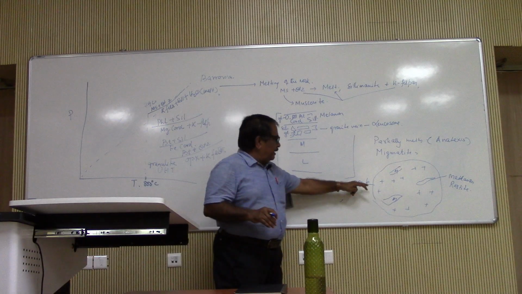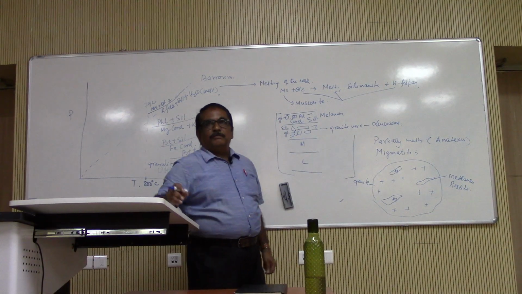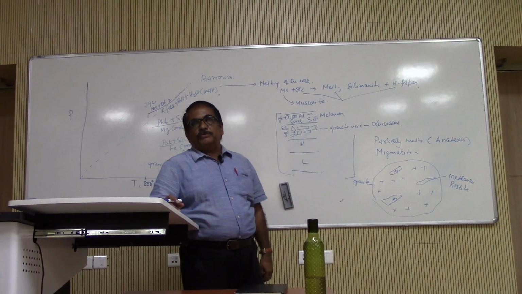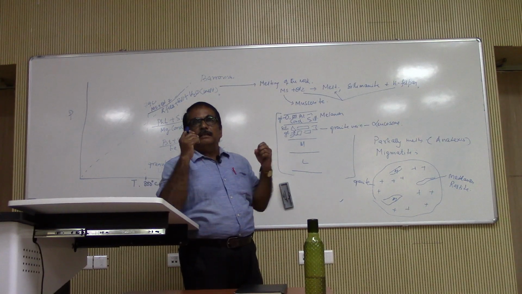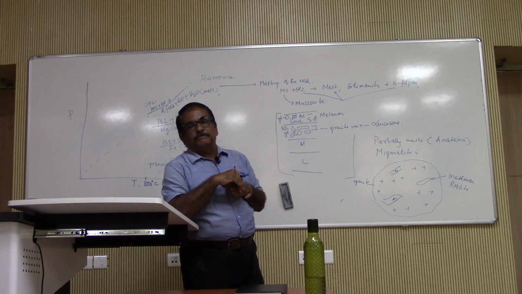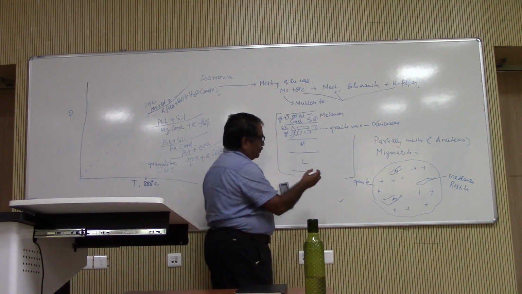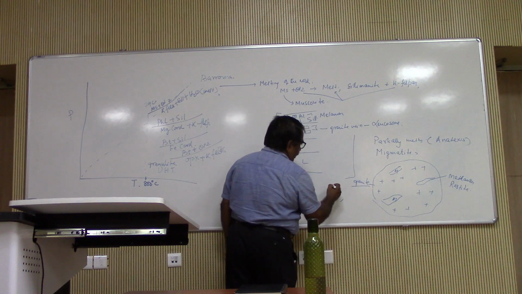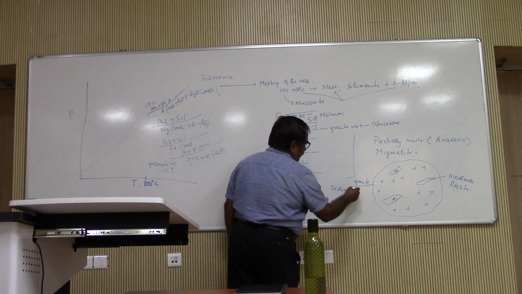Now this granite, it may occur like a pluton also, very large scale. Entire pelitic rock is totally melted. So that granite, which is produced from the melting of the sediment, is called S-type granite.